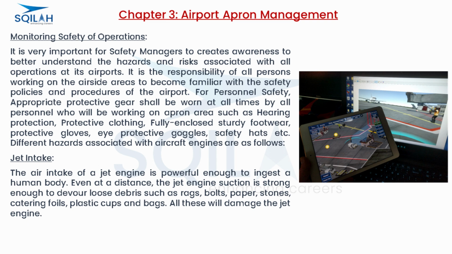For personnel safety, appropriate protective gear shall be worn at all times by all personnel who will be working on apron area, such as hearing protection, protective clothing, fully enclosed sturdy footwear, protective gloves, eye protective goggles, safety hats, etc. Different hazards associated with aircraft engines are as follows.